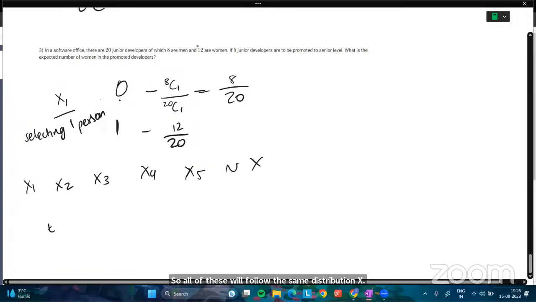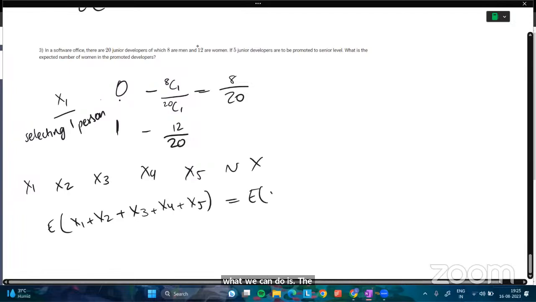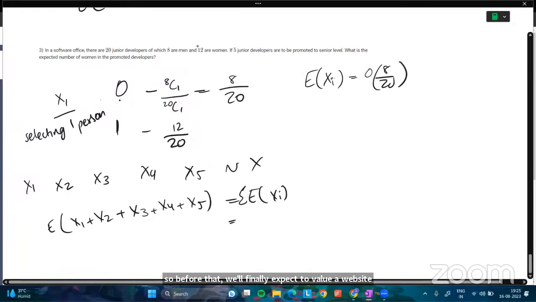So what we can do is use this principle again. Before that, we'll find the expected value of xi, which is 0 into 8 by 20 plus 1 into 12 by 20.